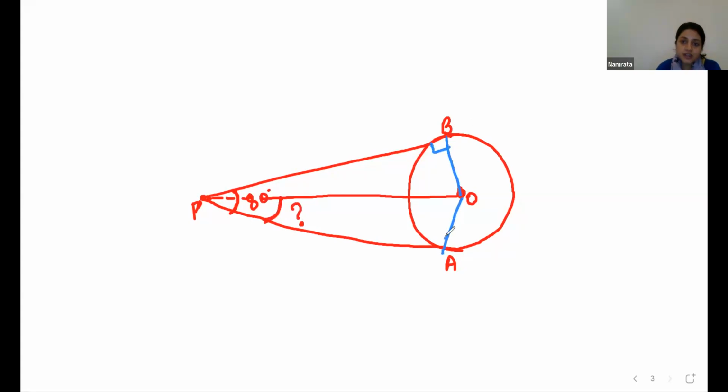This one here it's 90 degrees. Do you agree with that? Right? Yes, ma'am. Now we will take this triangle OBP and OAP, let's take both the triangles.